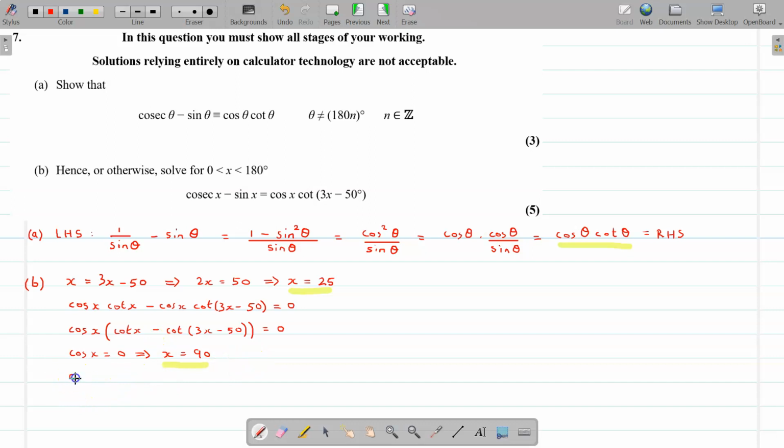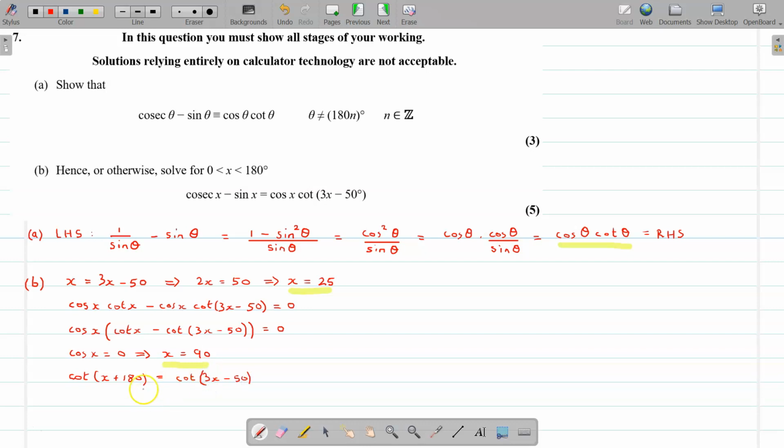Okay, so I've also got cot of x plus 180 degrees is also equal to the cot of 3x, okay, minus 50.